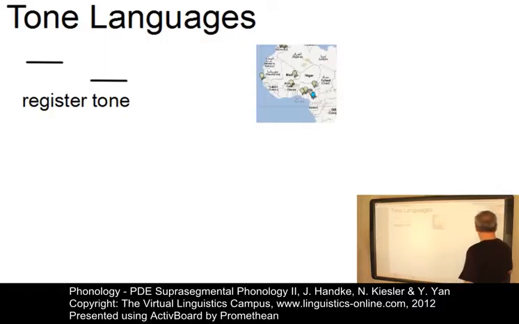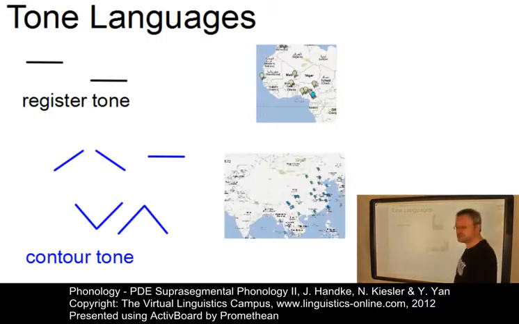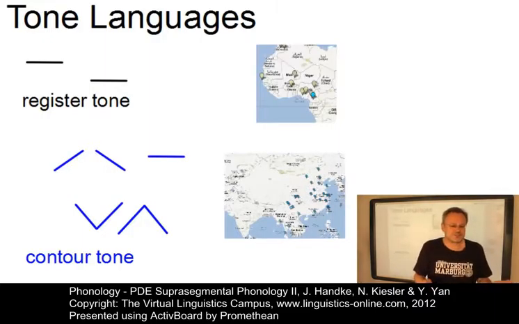More complex tonal systems are the so-called contour tonal systems. That is, they involve tones with some sort of gliding movements: rising, falling, rise fall, and fall rise. Many of the languages of Southeast Asia are contour tone languages, for example Mandarin Chinese.